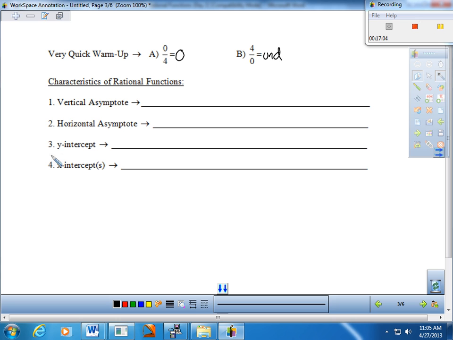So first and foremost, vertical asymptote from yesterday's lesson. We just kind of talked about this as really it's the zeros of the denominator. That's basically what we said. Now, there is a sort of a catch or an exception to the rule here where we would not get a vertical asymptote with a particular zero of the denominator, and we will see that come up on the next notes worksheet.